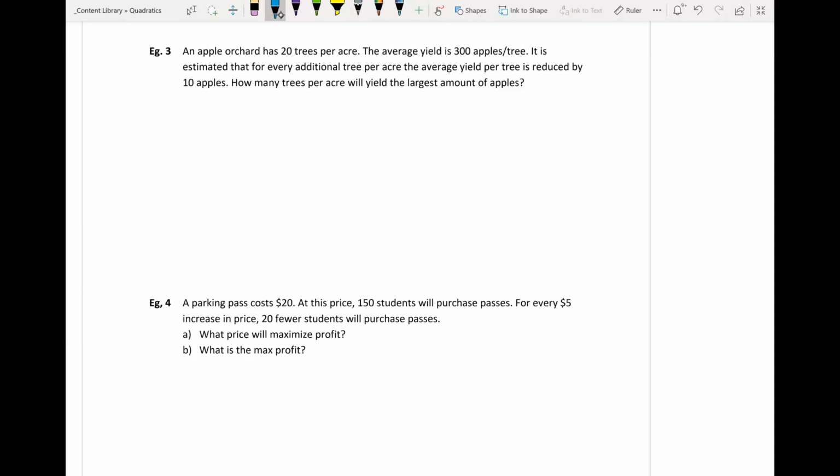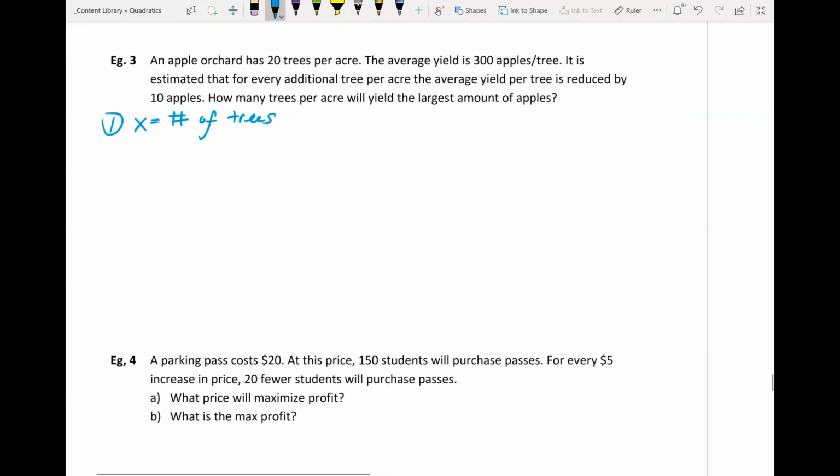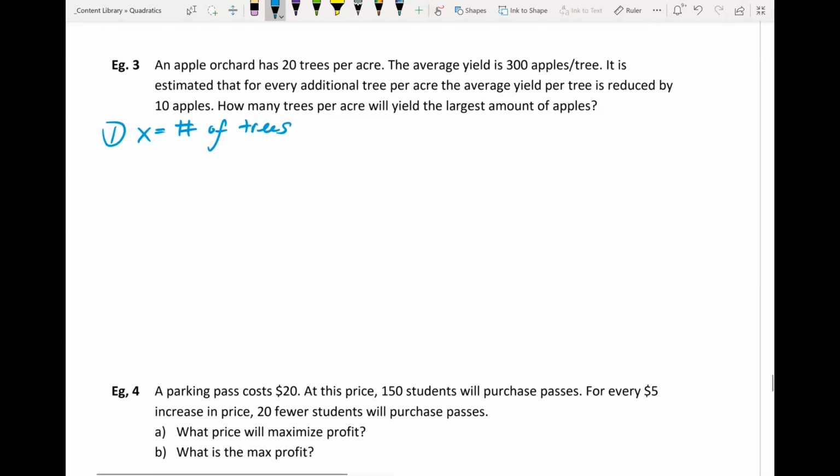All right, so it seems kind of confusing, but again, we're just going to break it down into its parts. We're going to determine what x and y are. So let's just say x is the number of trees. And then y would be the largest amount of apples.